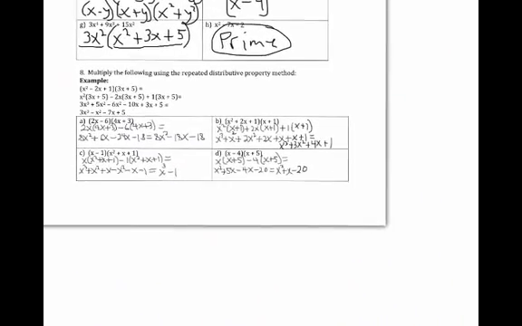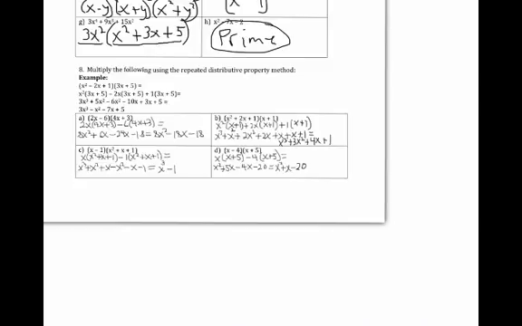Okay, for number 8, we are doing some multiplication using the repeated distributive property method rather than the multiplication box method. So what that means is that you take every term out of the first factor and multiply that separately by everything in the second factor.